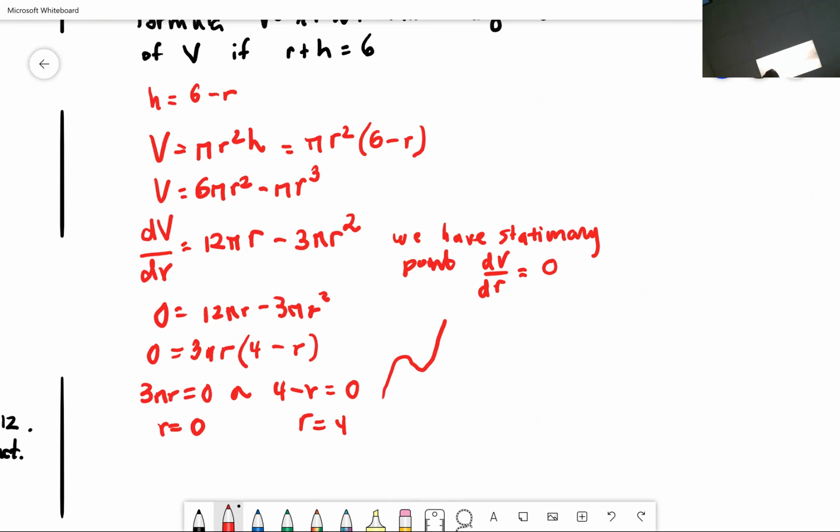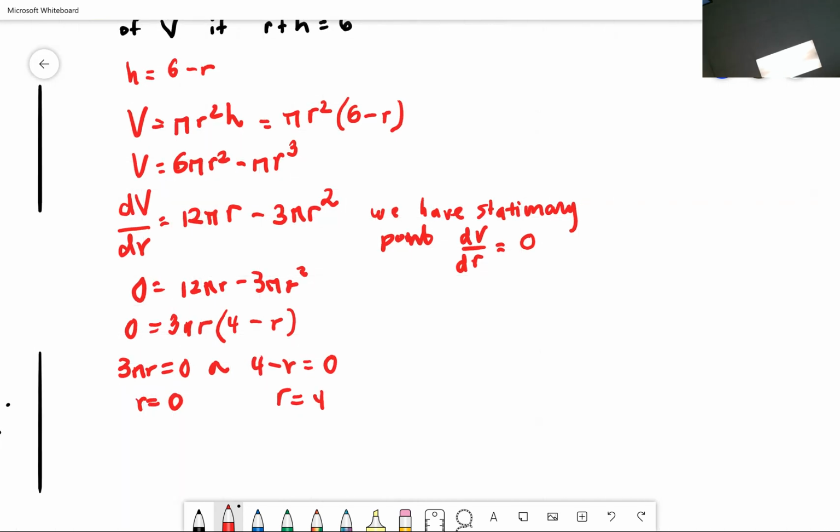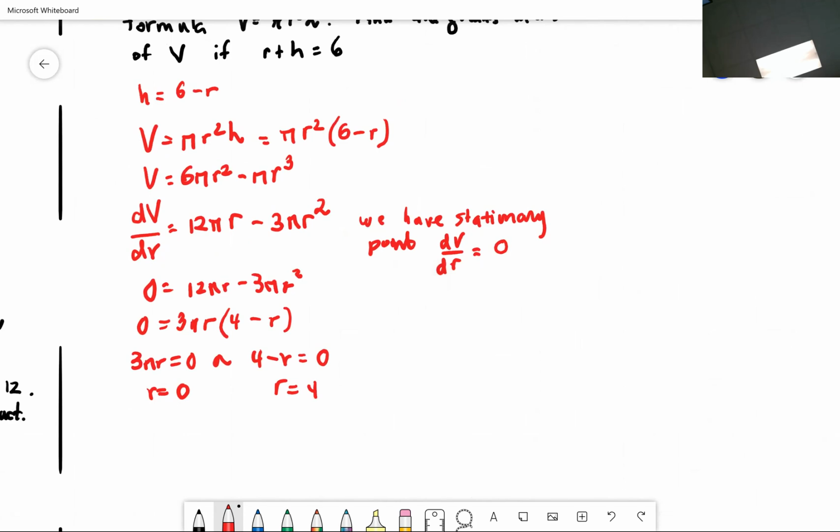So now we got to figure out which one it is. And we can see it's going to be 4. I mean, you can tell it's 4. But let's go ahead and substitute. We can figure it out right now.